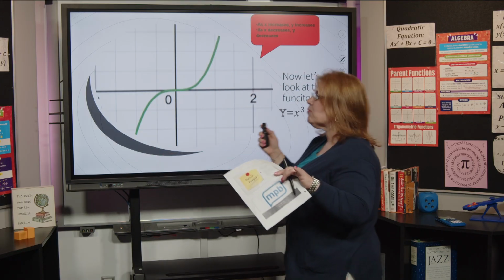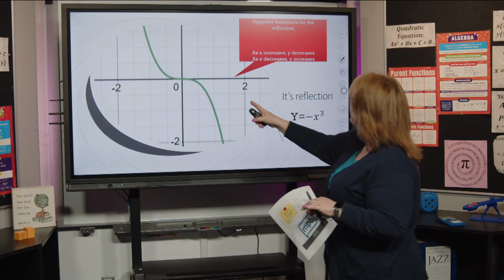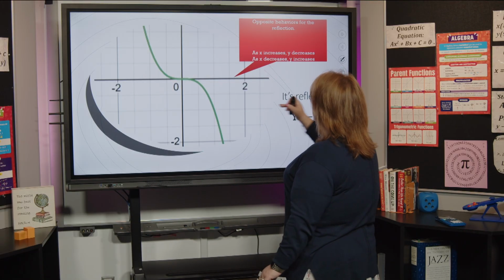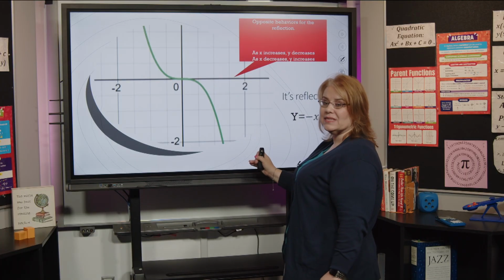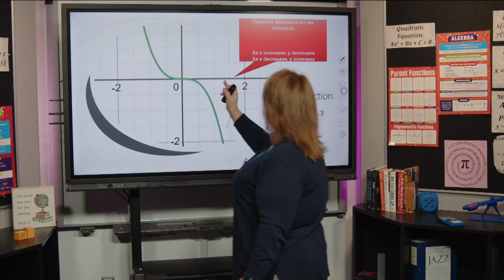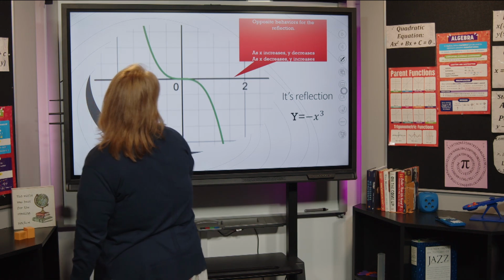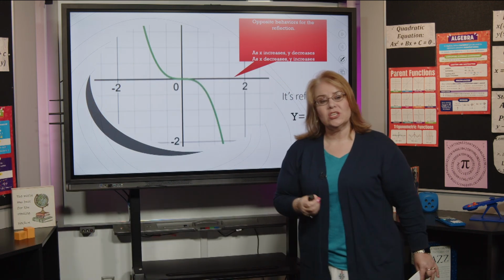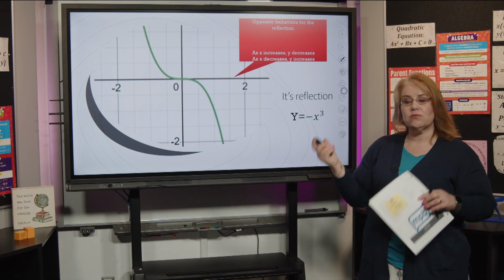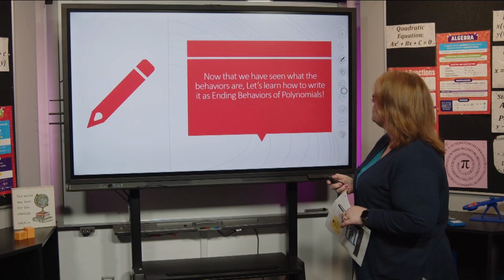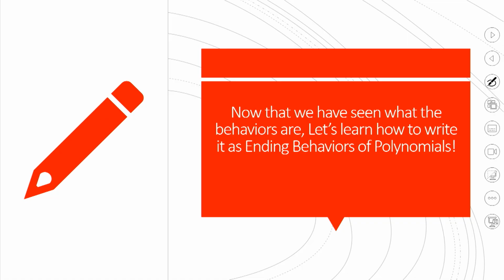But with the reflection, as my x's increase, meaning going this way, my y's are decreasing in their values. But when my x's are decreasing, meaning going this way, my y's are increasing. So when we do these different transformations, these reflections in specific, we've got to look at those ending behaviors.